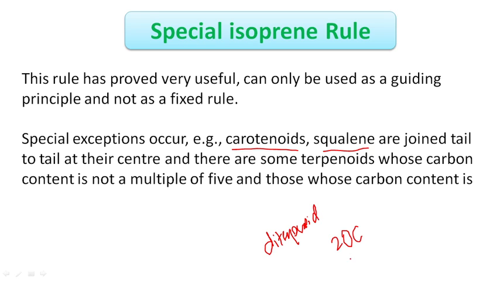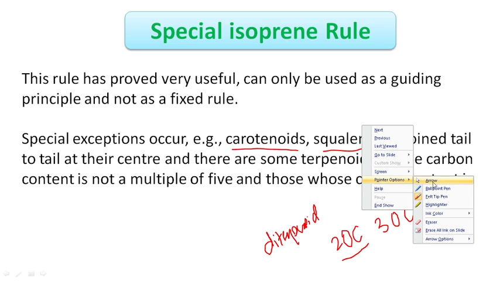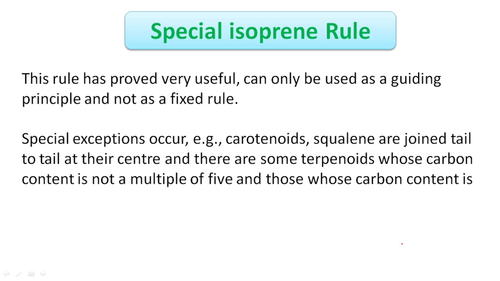But a molecule may be a diterpenoid and still contain 30 carbon atoms. The other carbon atoms can arise from acetylation, methylation, benzoylation, or other substitutions. Those carbon atoms can come there.